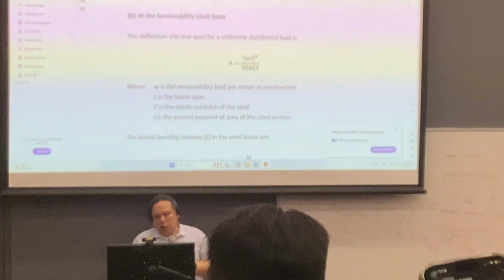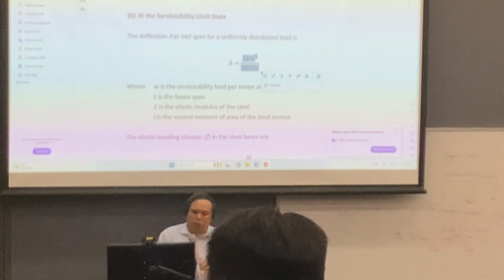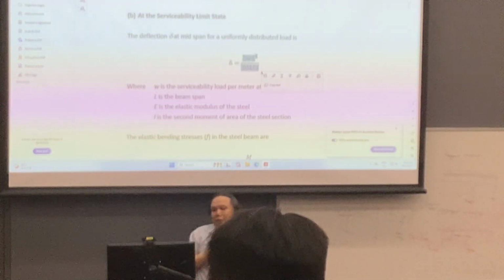And then for the serviceability, usually we will have the equation here to check for the deflections.